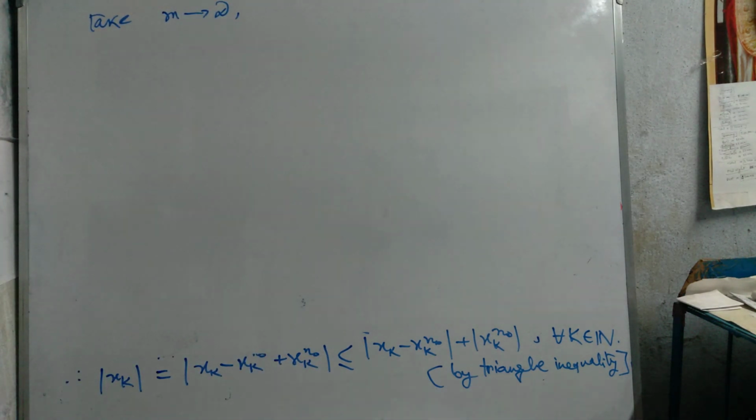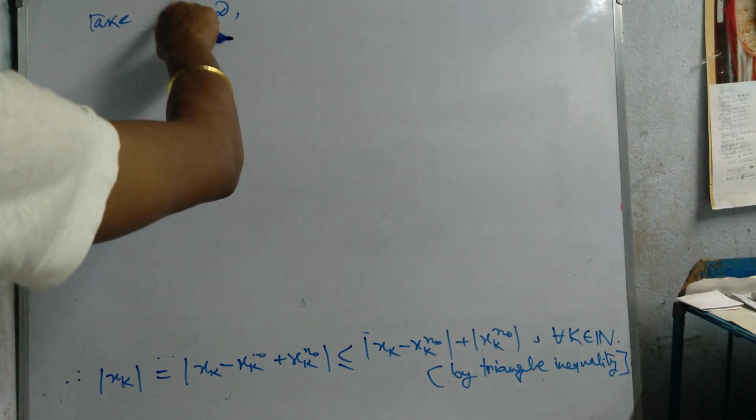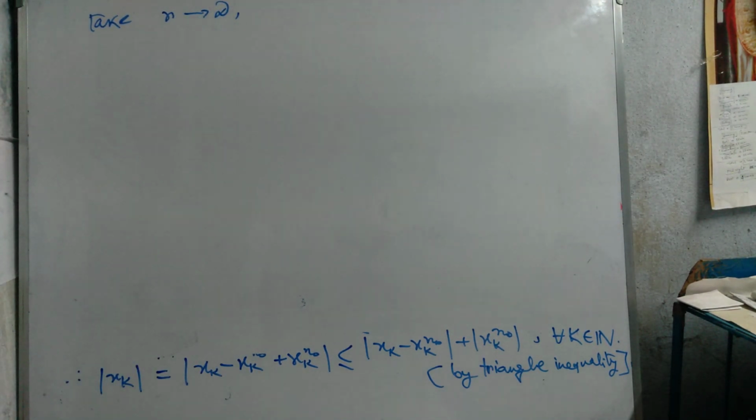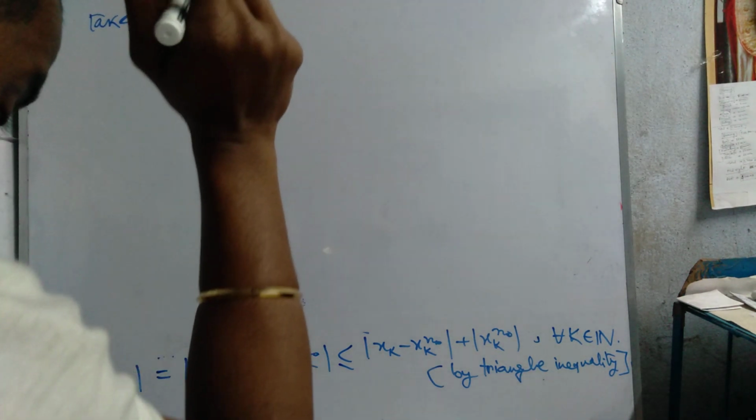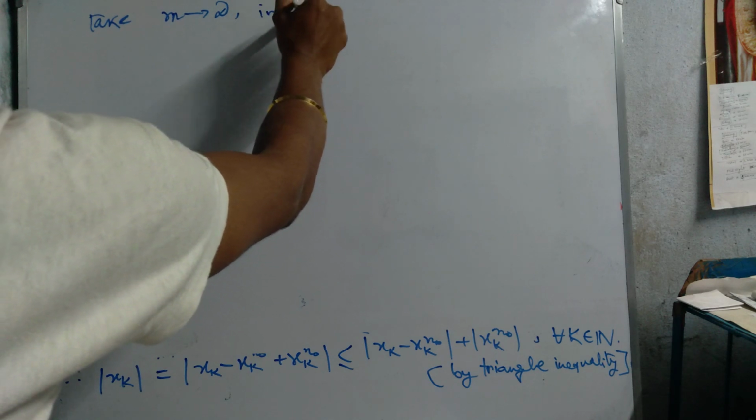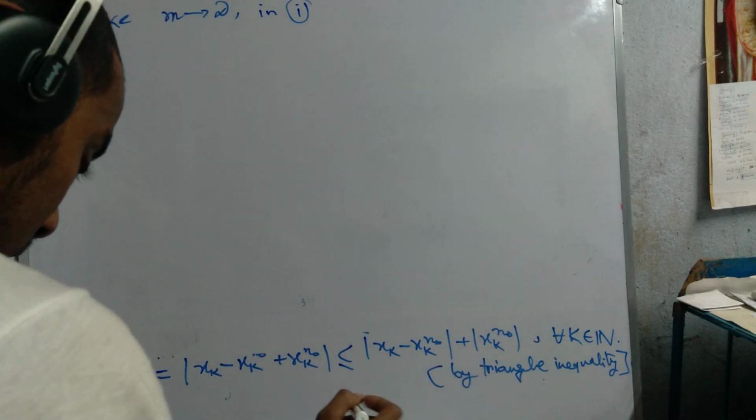Then obviously what happens? If m tends to infinity here, then we show that xk^(n0), that means here we write not m, n tending to infinity. Anything is in 1, not this one, this one we mark as 2.